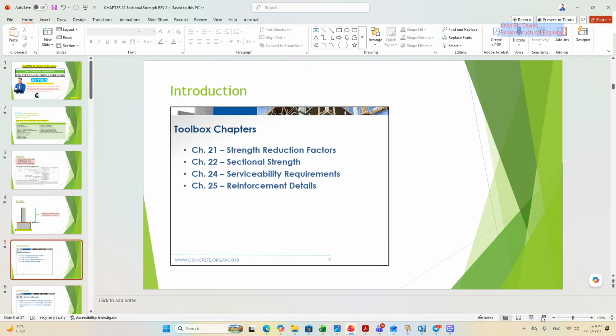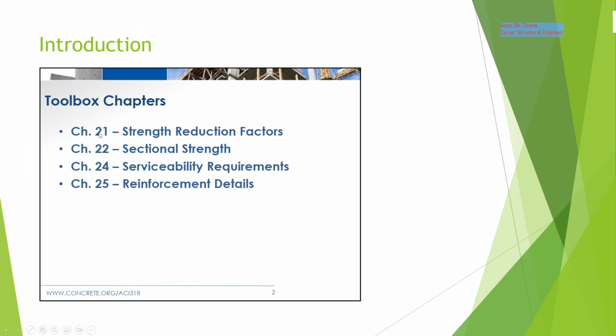So Chapter 21 is for strength reduction factors, 22 sectional strength, 24 serviceability requirements, 25 reinforcement details. Instead of repeating the requirements of shear strength, the code collected all these requirements in 4 chapters.